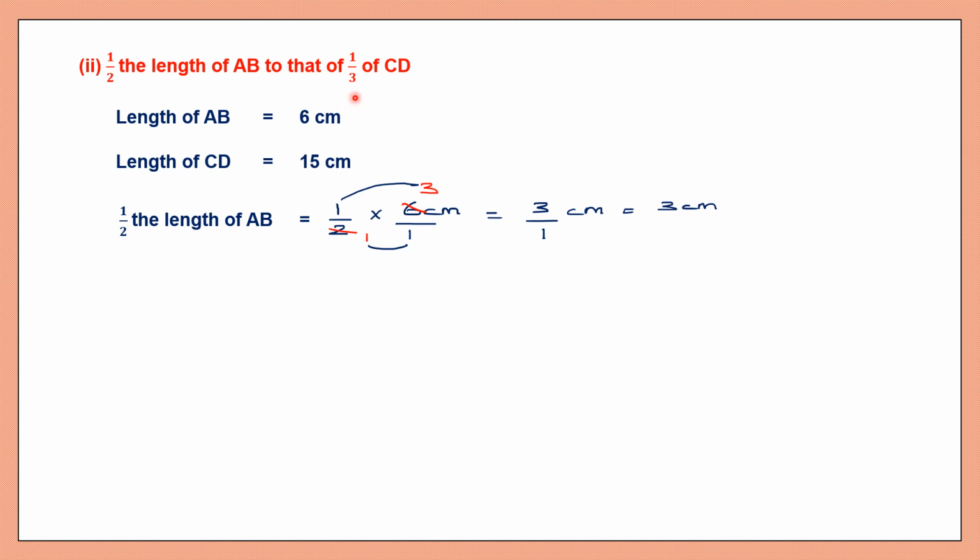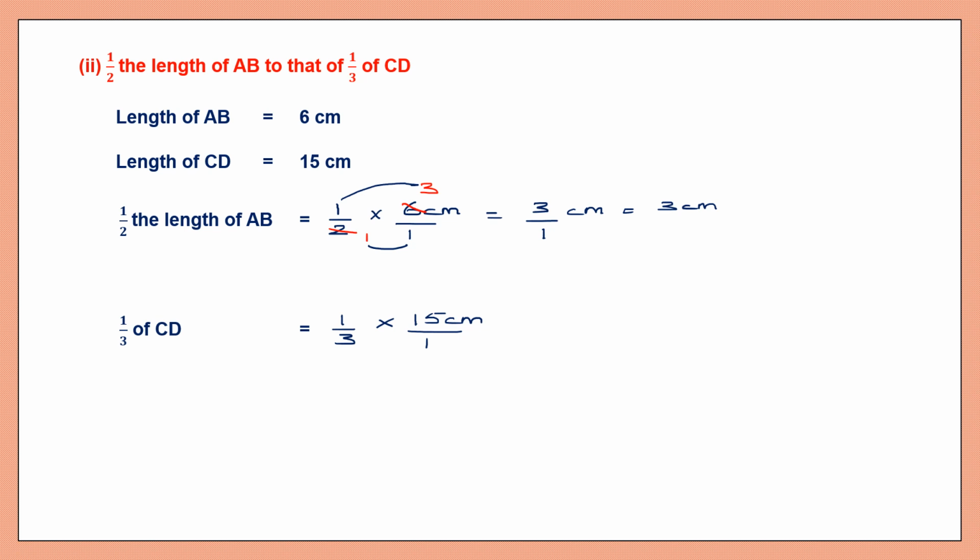Now we have to find 1/3 the length of CD. So 1/3 of CD will be 1 by 3 of, means into, how much is CD? 15 centimeters. So now here also let's take this as multiplication of fractions and cancel what we can.